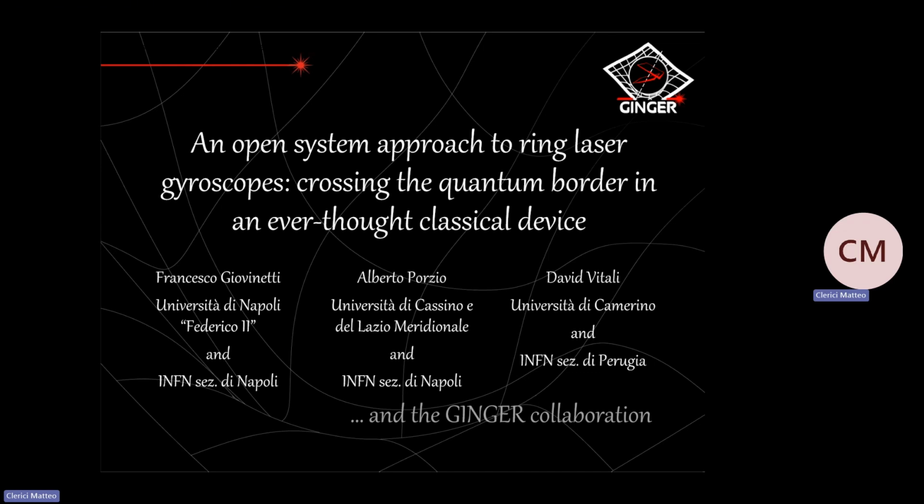Today, I will try to show you how light can be used for rotation sensing, and when you reach a high sensitivity in rotation sensing, you can test general relativity and go into the fundamental physics realm.